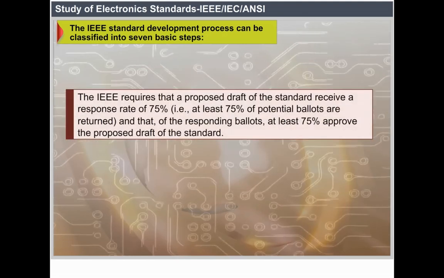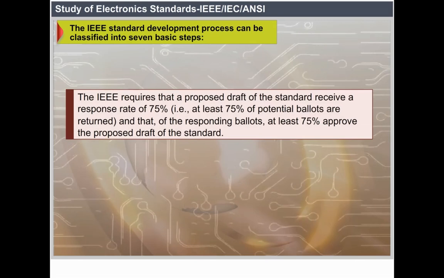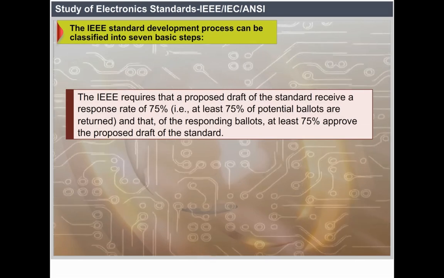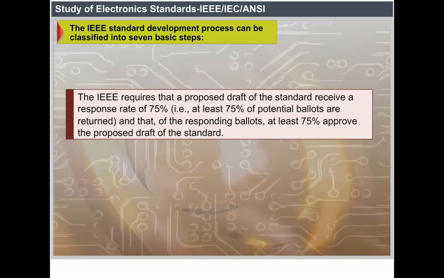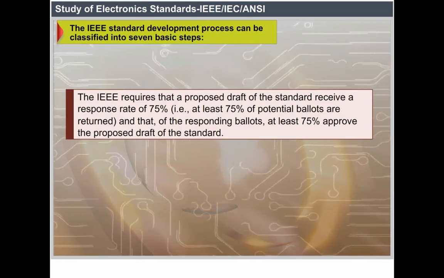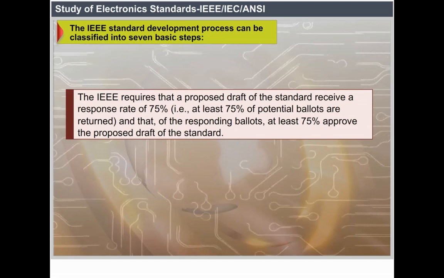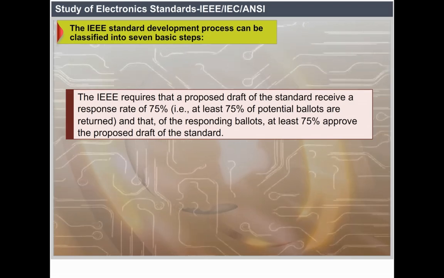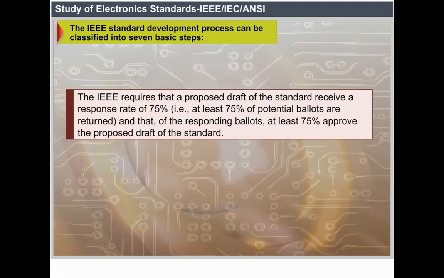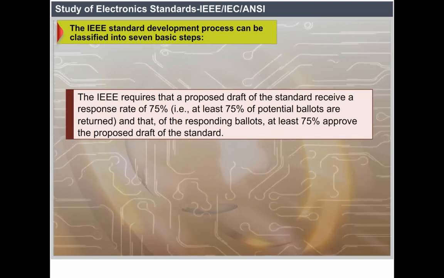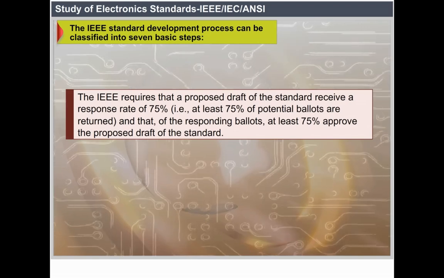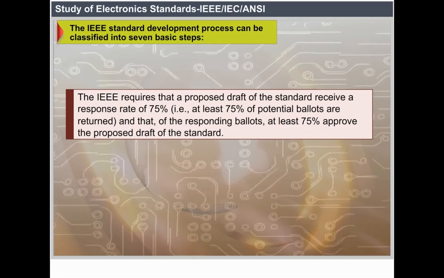The IEEE requires that a proposed draft of the standard receives a response rate of 75%, that is, at least 75% of the potential ballots are returned, and that of the responding ballots, at least 75% approve the proposed draft of the standard.